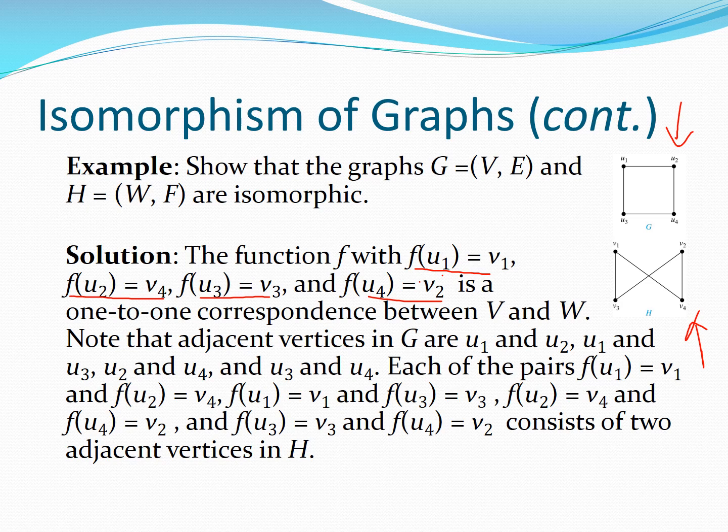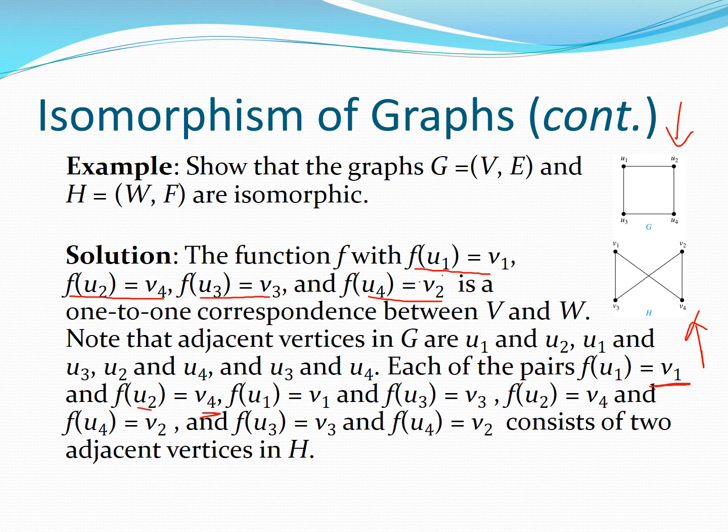Now, not only will there be a correspondence between the vertices, but they also have to map with respect to the edges. That means for the pair of vertices, let's say V1 and V4 has an edge, what is the corresponding vertex in the other graph?